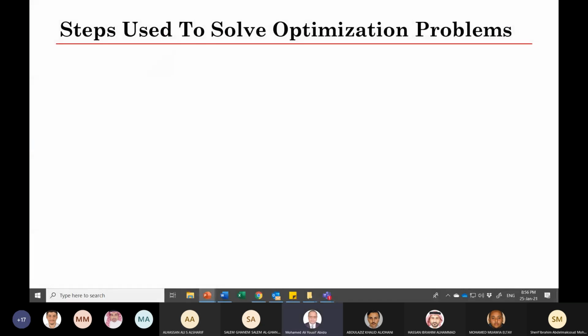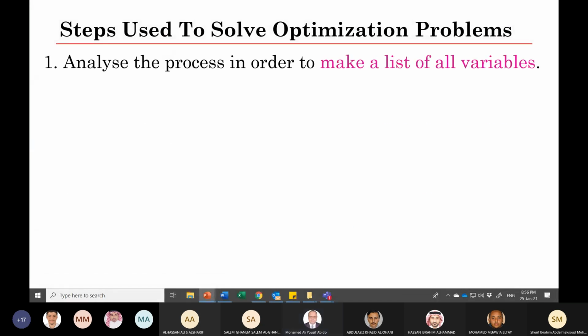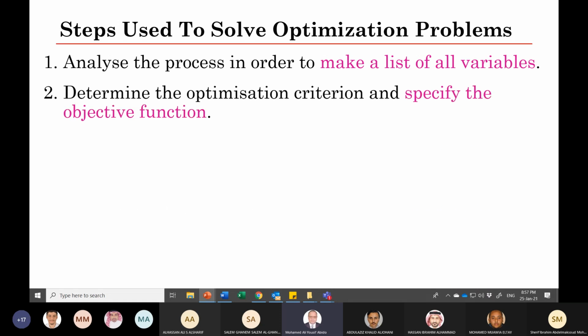So how to solve the optimization problem? We analyze the process in order to make a list of all variables. What are the optimized variables that are associated with your objective function, that will affect your objective function? Of course, you are an expert in your plant or your process or your problem, and you know what are the variables that you are looking to optimize.